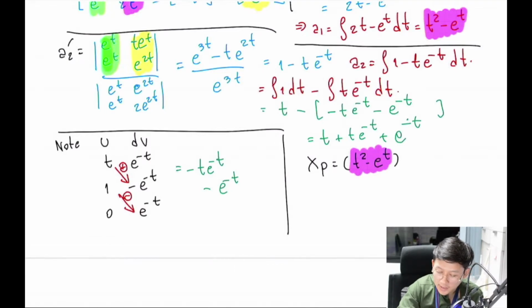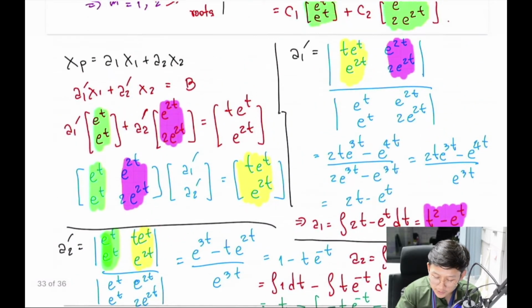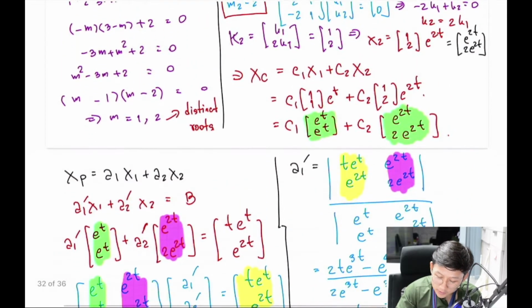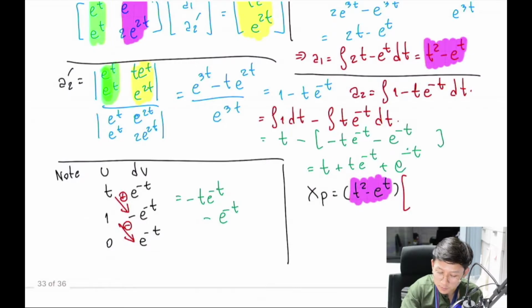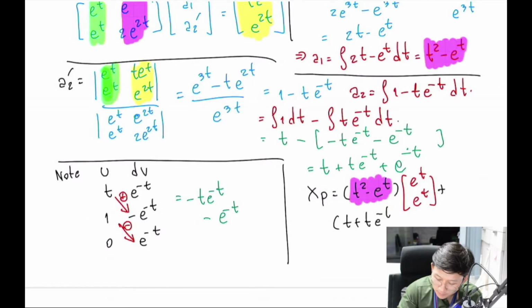Okay, and x1 would be, what is x1? X1 is here, right? X1 is here, which is e to the t. Okay, that would be e to the t, and then plus a2, which is t plus t e to the minus t plus e to the minus t.